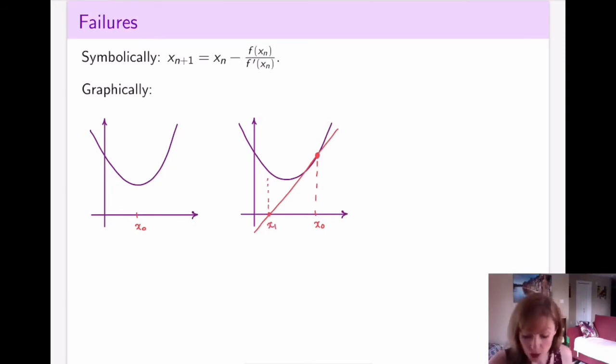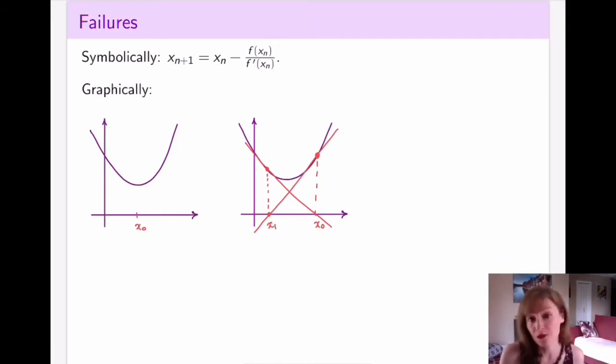So it will go up to the function, find a point, construct a tangent line. Well, that's unfortunate, because now what that means is the method will just get stuck in a cycle, right? It will alternate between these two values because that's where the tangent lines will always lead it. So sometimes the method can get stuck in a cycle. This is a 2-cycle. Newton's method can have cycles of any length.